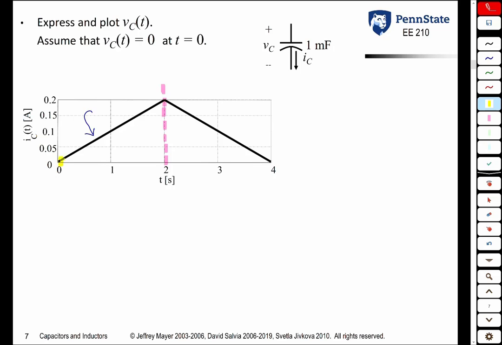So this first line segment, using the slope-intercept form, I of t is the slope, which is 0.1, and the y-intercept is 0. So I of t is just 0.1 t. For this second line segment, you'd have to extrapolate it over here to get the y-intercept.